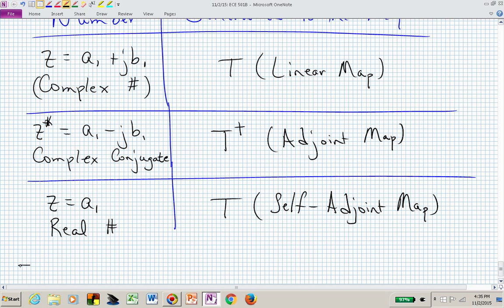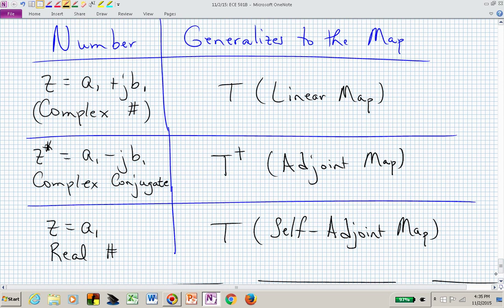And that's how you can start to think about these maps in terms of something very simple, to try to gain some insight into what's going to take place, to get a feel for what's going on with these linear maps, these adjoint maps, and these self-adjoint maps.